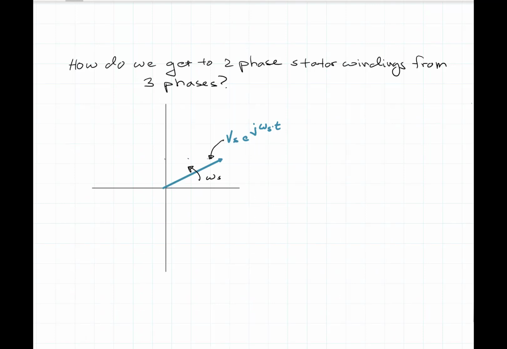So how do we go from 3 stator windings to 2 stator windings? And I'm going to explain one way to go about this. Let's remember that we could also express any phase voltage as a phasor.